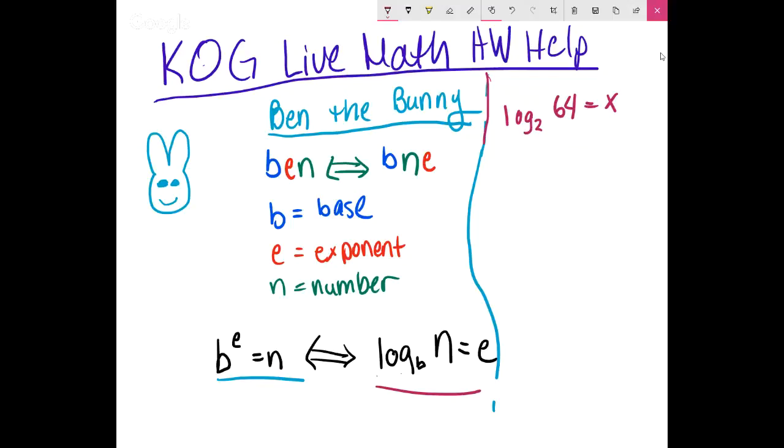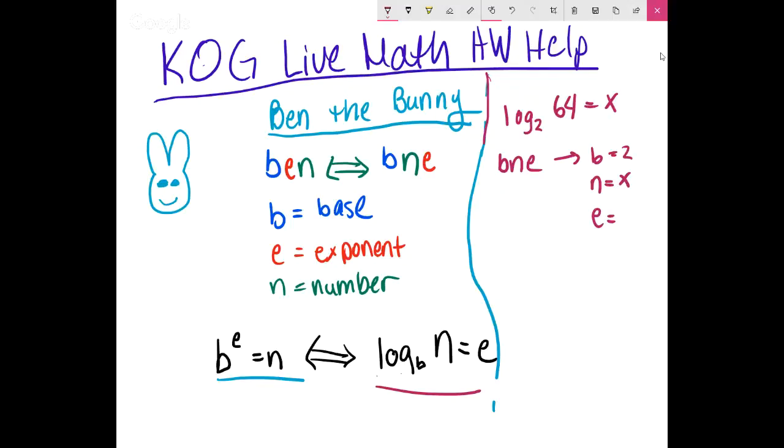So this is saying: 2 raised to what power will give us 64? Because remember, this is in Bunny form. The base is 2, the number being exponentiated.